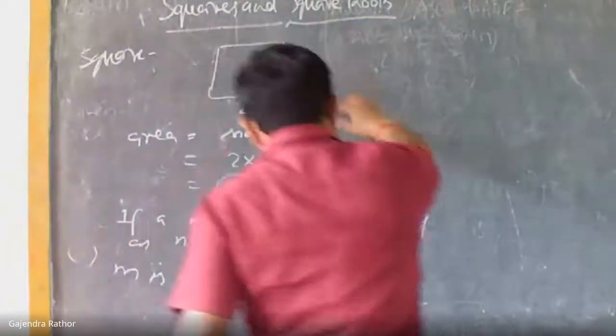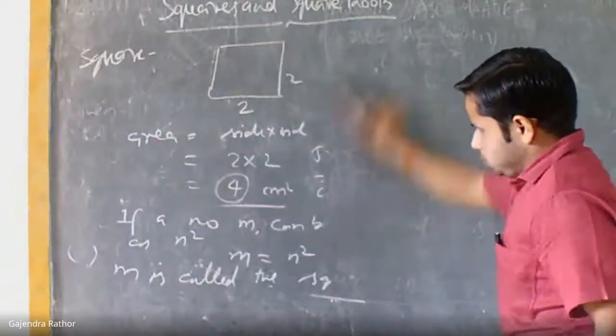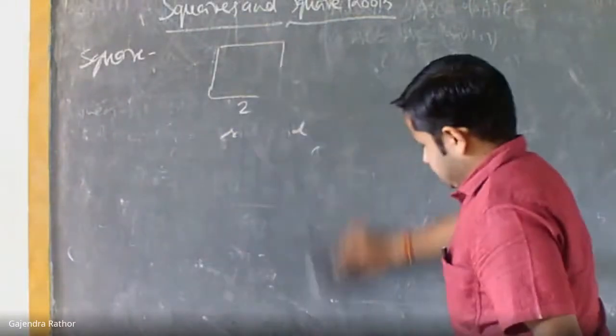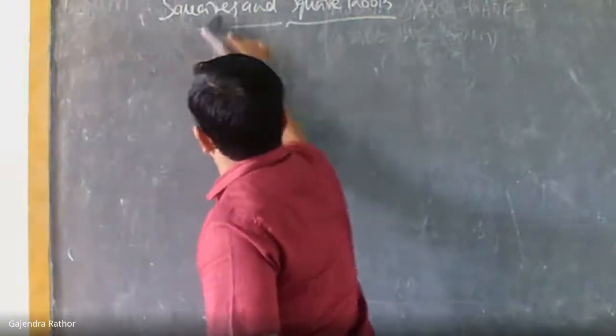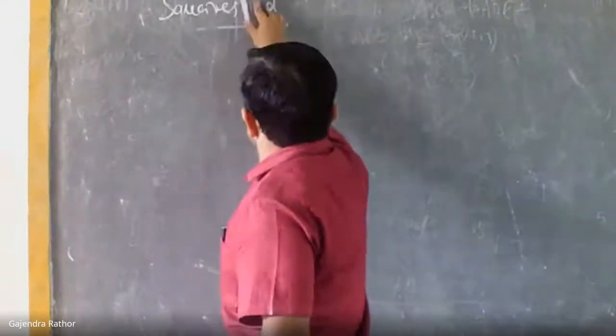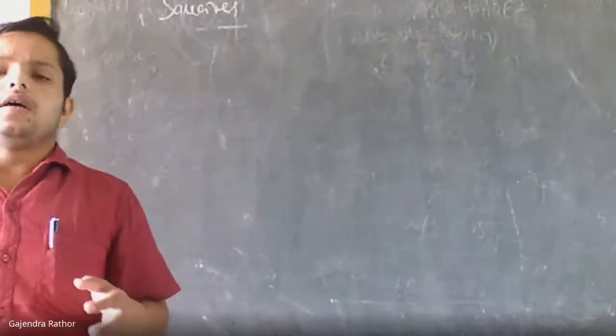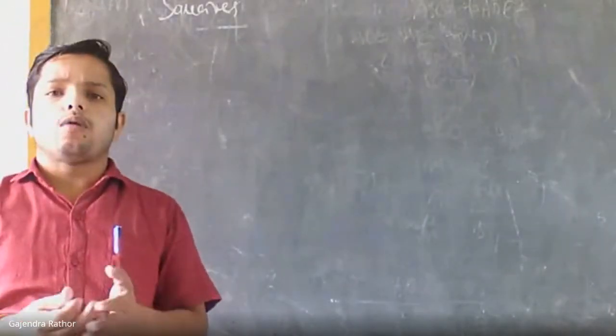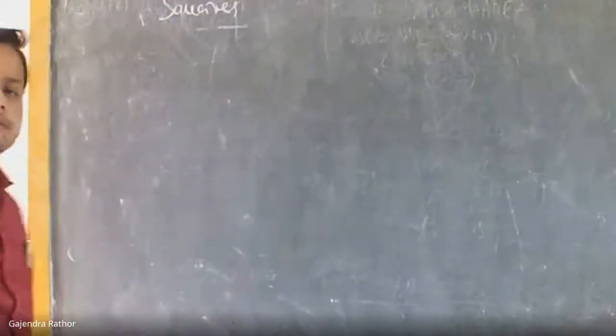Okay, let's continue. So now we will find the squares of numbers from 1 to 10.